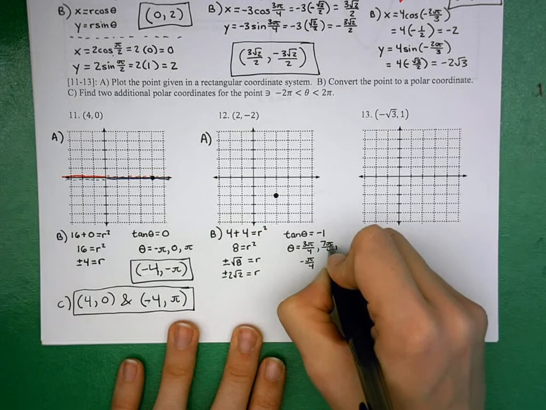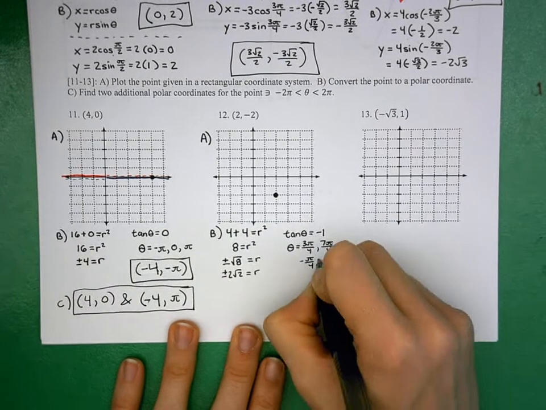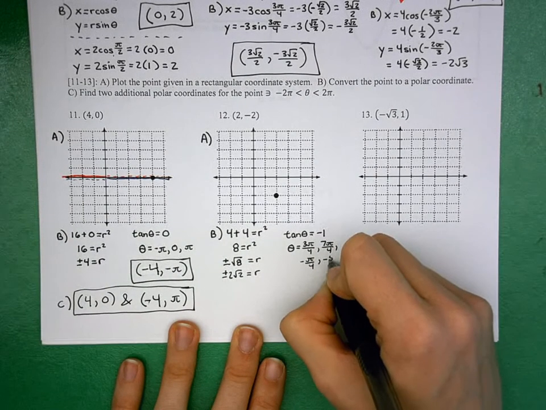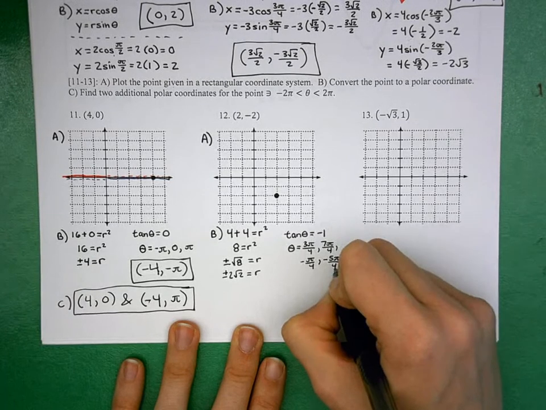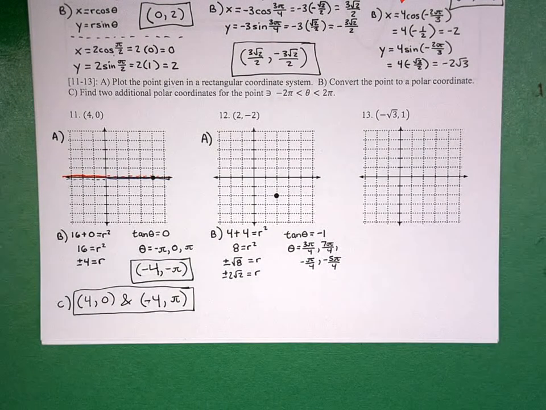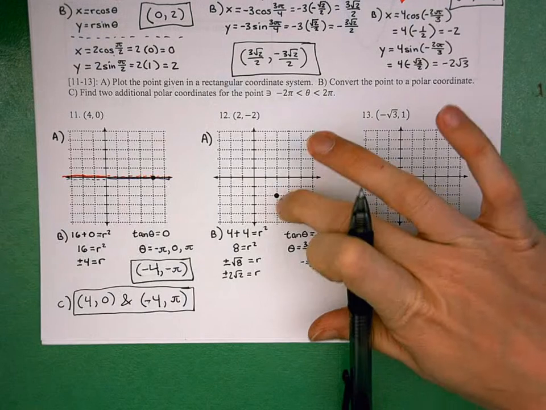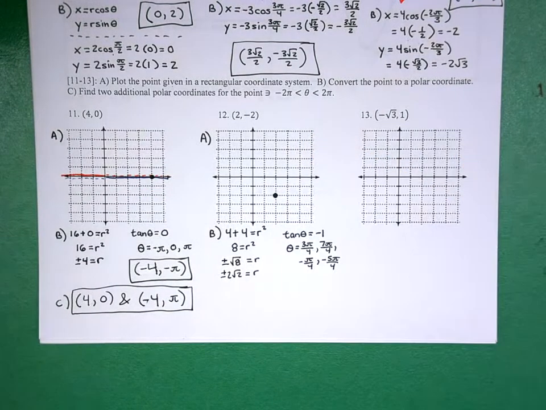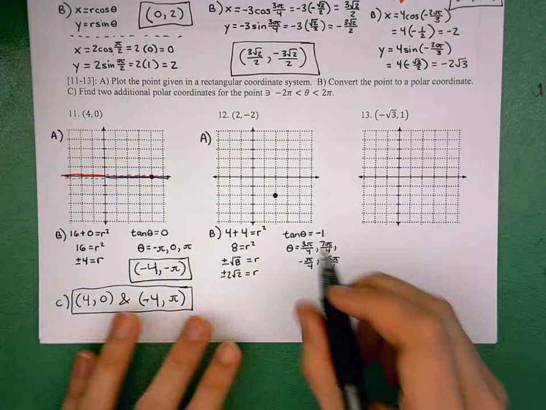And 3 pi over 4 is the same thing as negative 5 pi over 4. So you have a lot of potential angle names that you could use to get you to land here at this coordinate point in our 4th quadrant. Pick whichever one you prefer. For me, I liked the 3 pi over 4 myself.